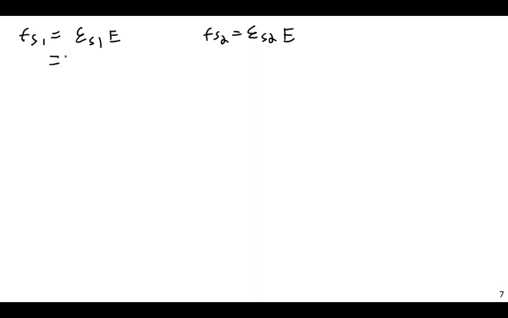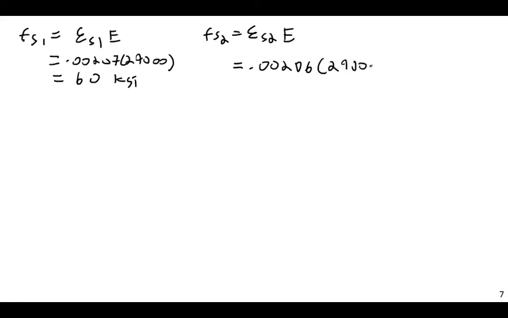So that's going to be 0.00207 times 29,000, and this comes to 60 KSI. And FS2 is going to be 0.00206 times 29,000, and this comes to slightly less at 59.8 KSI.